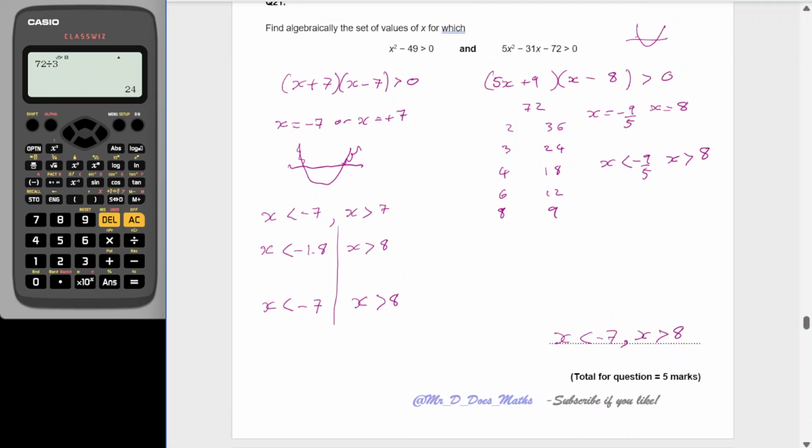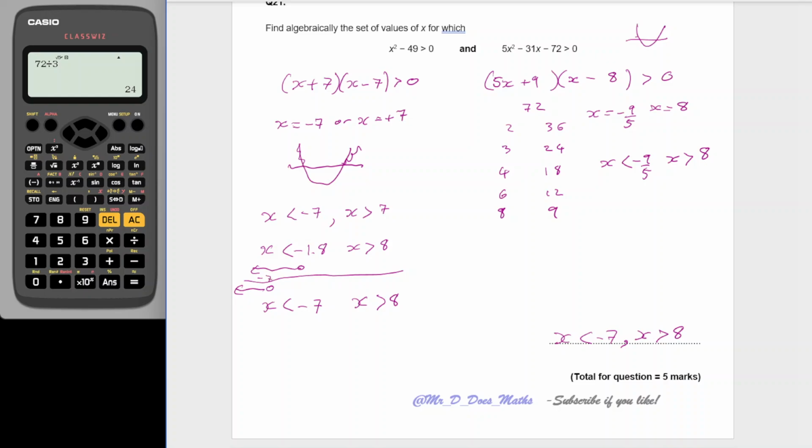Because if we think about it, if you imagine drawing these on a number line, in effect, that would kind of work, wouldn't it? So we need them to overlap, so if I say that's minus 7, that's not very clear, sort that out.